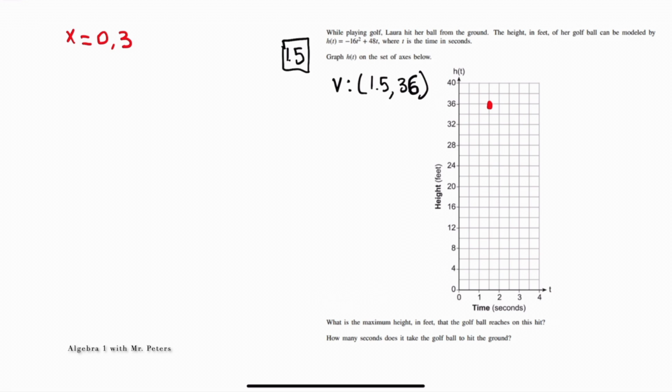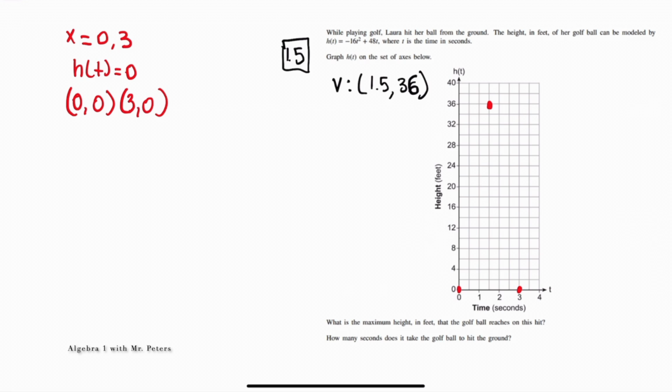When I plug 0 into this function, the result that I'm going to get is h of t is equal to 0. So when x is 0, y is also 0, and when x is 3, y is also 0. So these are 2 points that I could plot already just by understanding the relationship between points and the axis of symmetry.